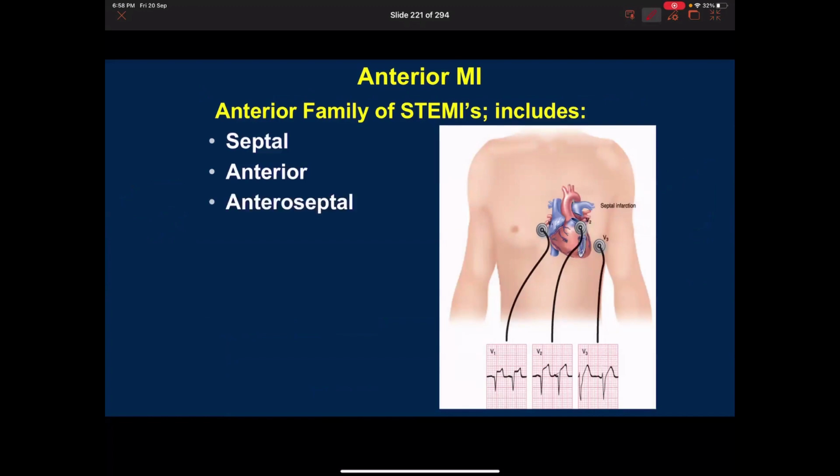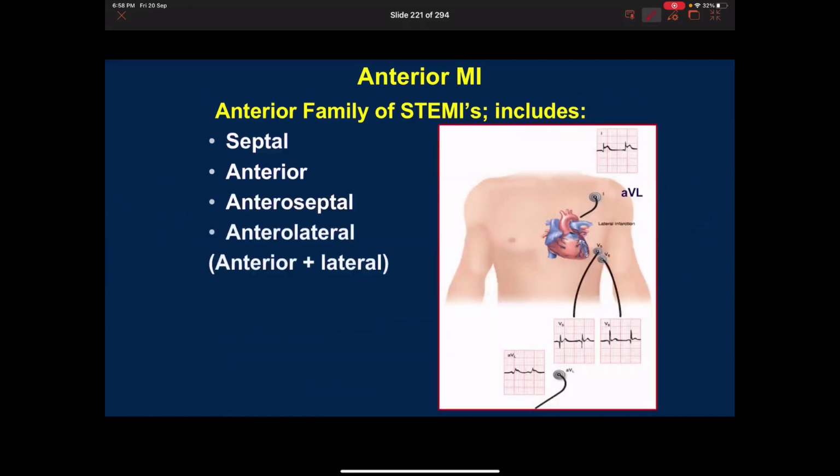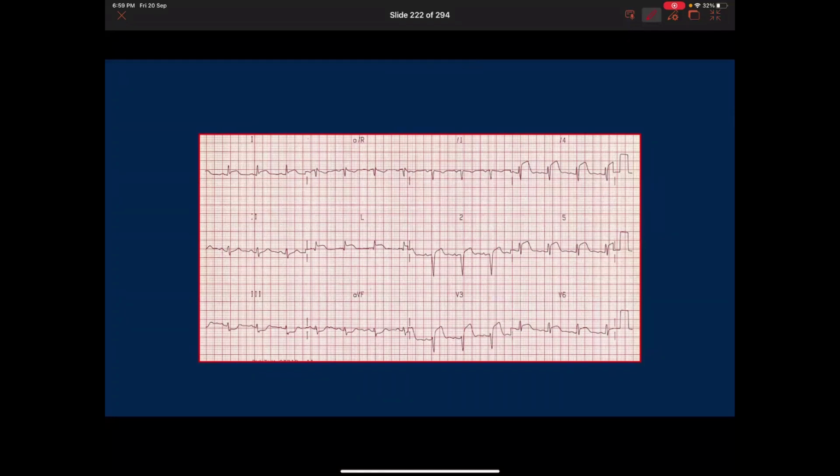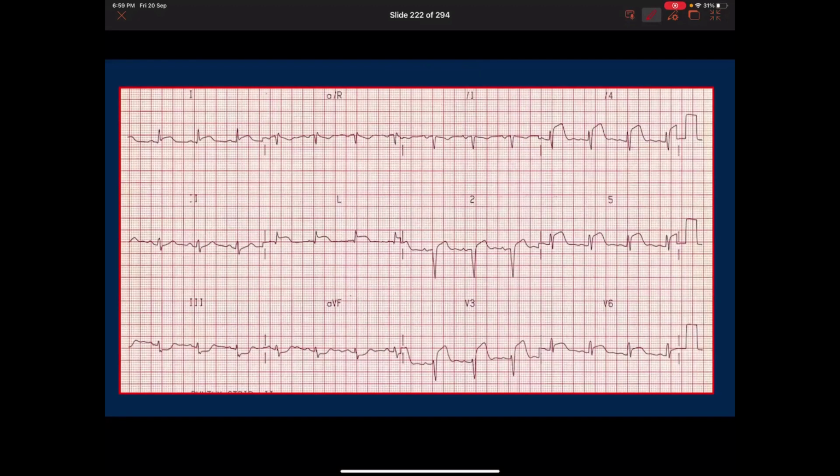Okay, here they're just telling you all of these are considered anterior STEMIs. Now, what about this one? I'll zoom in. Sorry? Lateral STEMI.